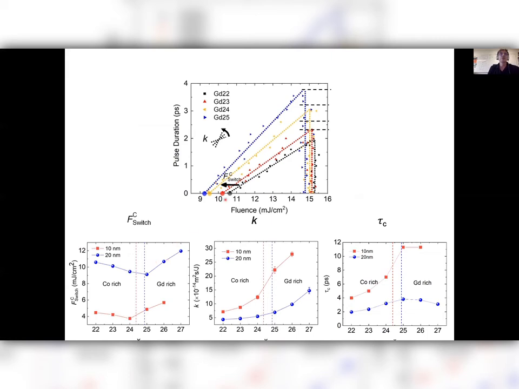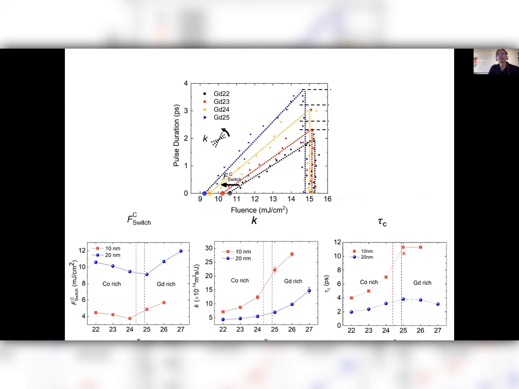So you do have a low switching fluence if you are close to compensation. And this is reproduced for layers that are 20 nanometer thick or 10 nanometer thick. This slope here changes with the concentration, and the more gadolinium you have, the higher the slope is.